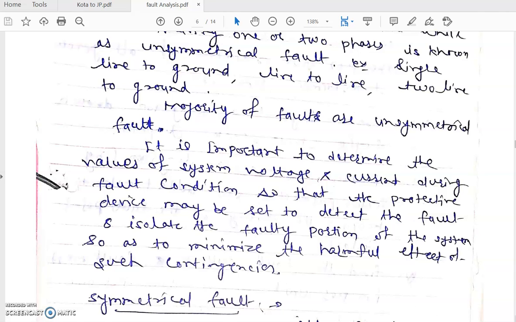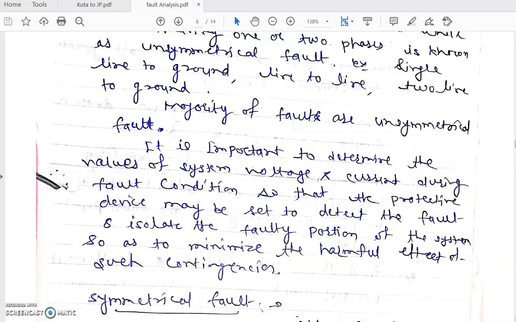So it is important to determine the values of system voltage and current during fault condition so that the protective device may be set to detect the fault and isolate the faulty portion of the system, so as to minimize the harmful effect of such contingencies. What is the need of fault analysis? Fault analysis is needed to design the protection system.